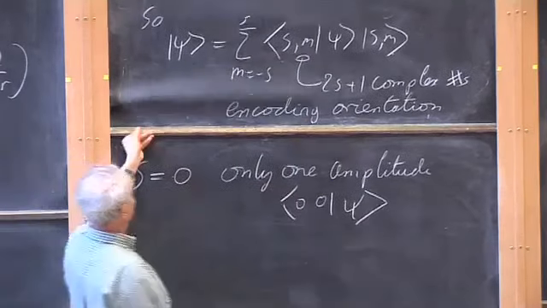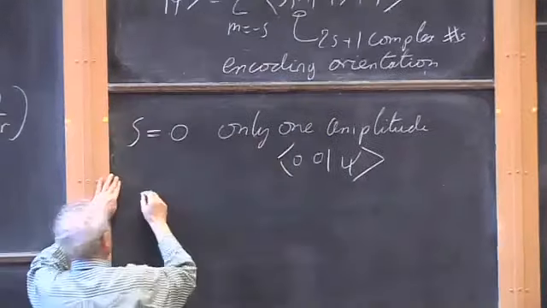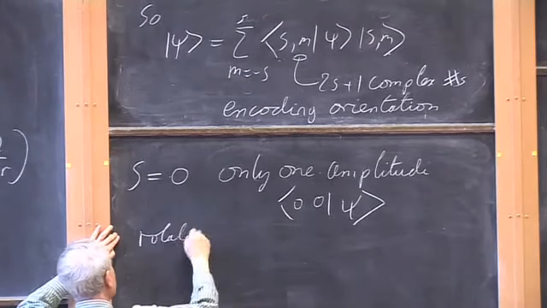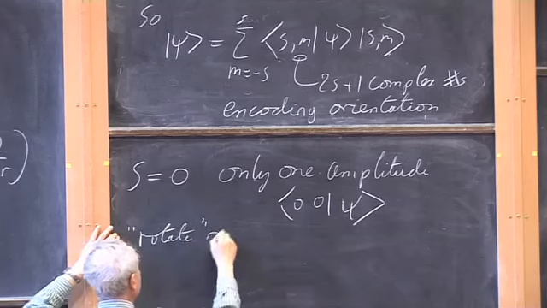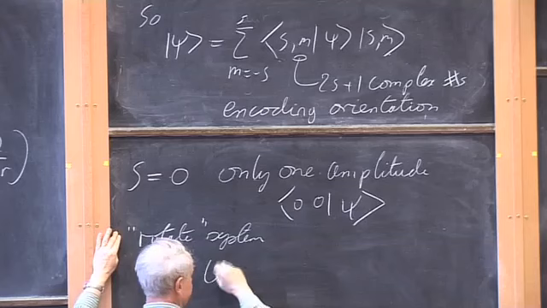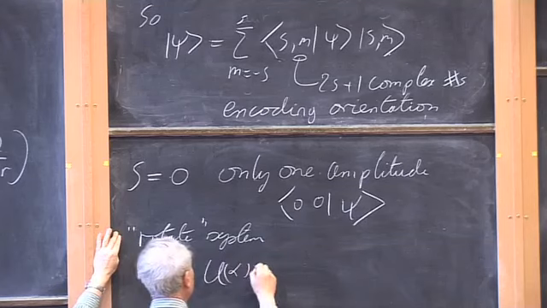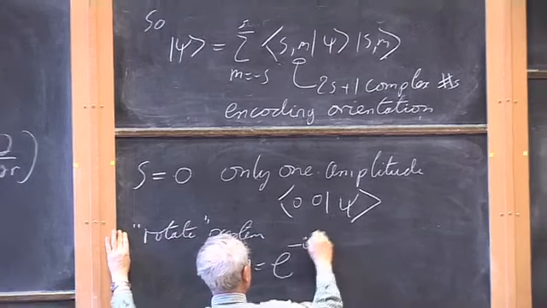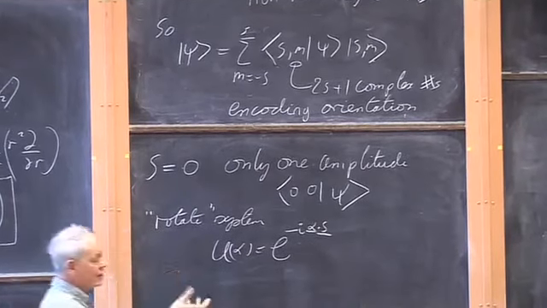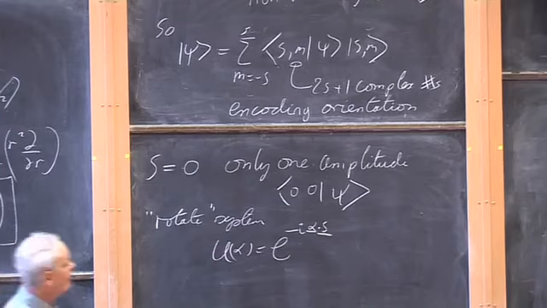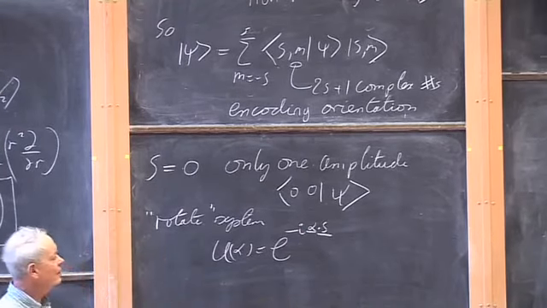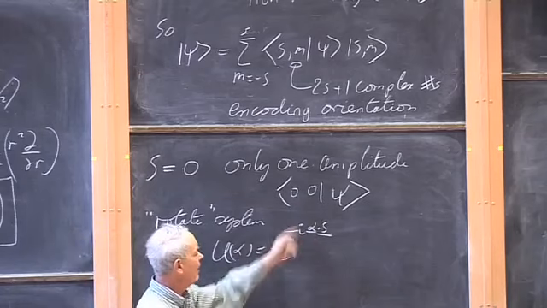And also, if you try and rotate the system with U(alpha), which is e to the minus i alpha dot S, so S is the generator of rotations of the system around its own axis, I've written down the unitary rotation that makes a new system, which is rotated around the axis alpha by the magnitude of alpha.